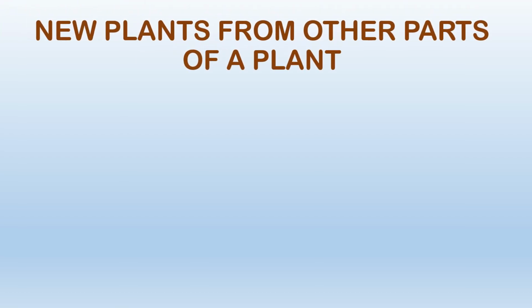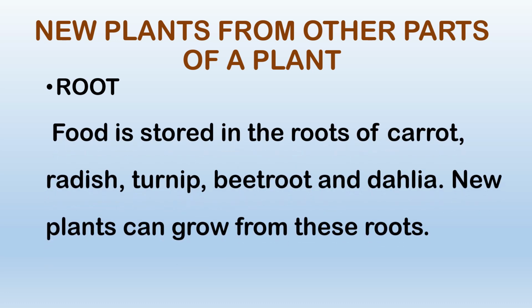Just as a seed can grow into a new plant, there are a few other parts which can also grow into a new plant. Let us now study them. The first part is the root. Food is stored in the roots of carrot, radish, turnip, beetroot and dahlia. New plants can grow from these roots.